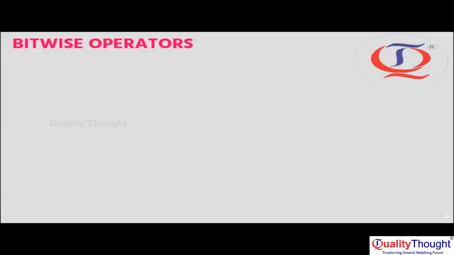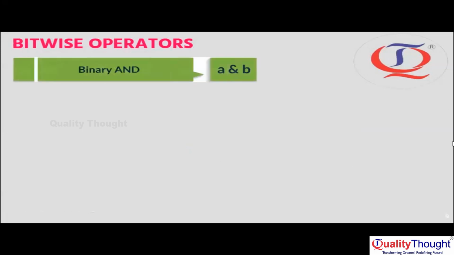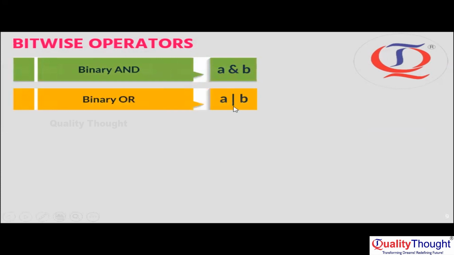And lastly, we have bitwise operators. The single ampersand operator acts as a bitwise AND. This pipe symbol acts as a bitwise OR operator.